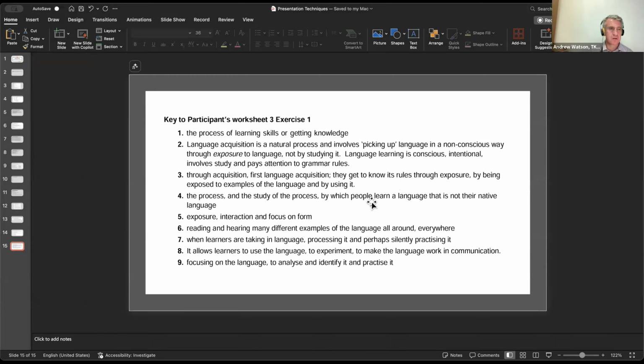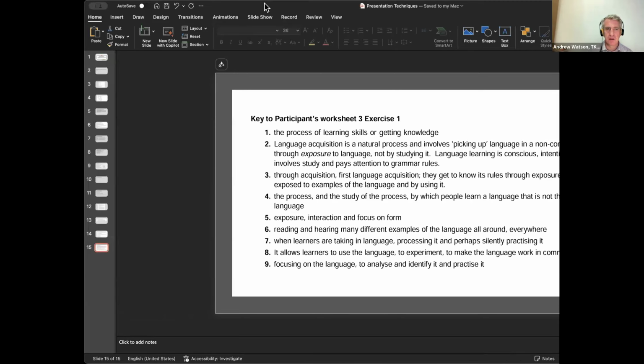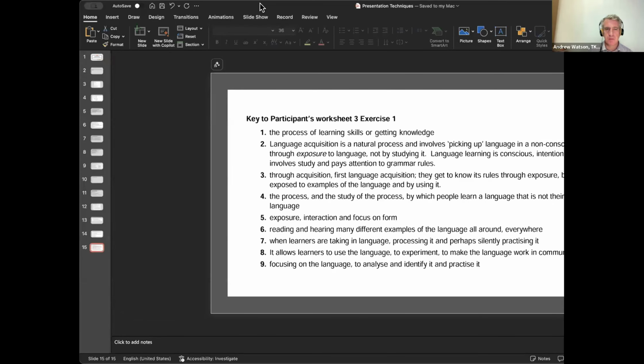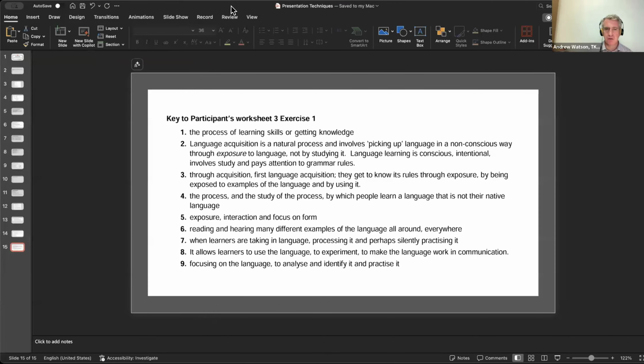What are the three considerations mentioned regarding SLA? Exposure, interaction, and focus on form. What's exposure? Yeah, reading and hearing many different examples of the language all around, everywhere.